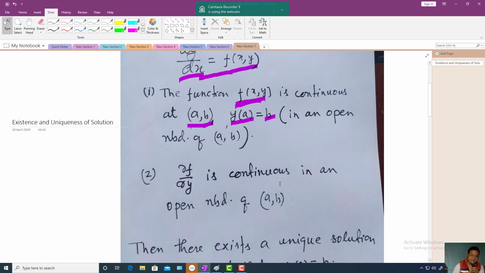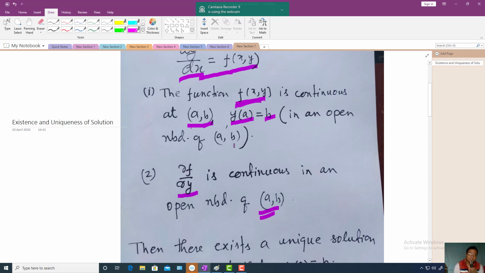Then the second condition says how many such solutions are there. Suppose you find out the partial derivative, del f by del y. If this partial derivative is also continuous at this point (a, b), in another language this is called Lipschitz condition. Now let us use this partial derivative condition. If this partial derivative is continuous about this point (a, b), then the solution is unique.